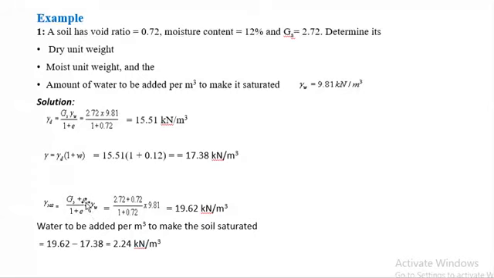Here S is 100%, meaning 1, that's why it's there but not visible, into gamma W. If you put the values, you will get 19.62 kilonewton per meter cube. So water to be added will be 19.62 minus 17.38, which is 2.24 kilonewton per meter cube.